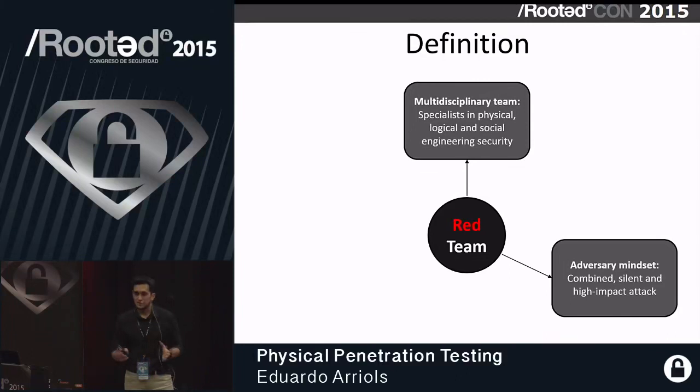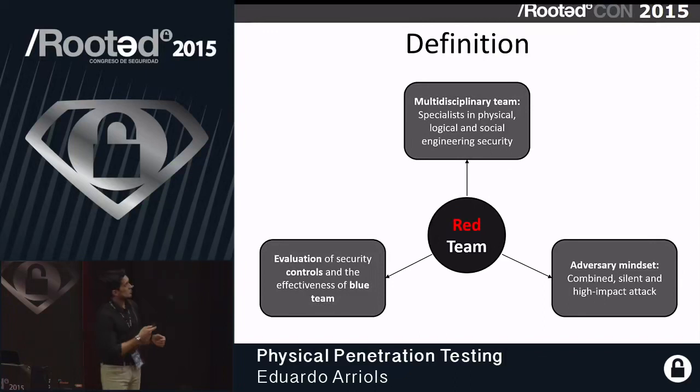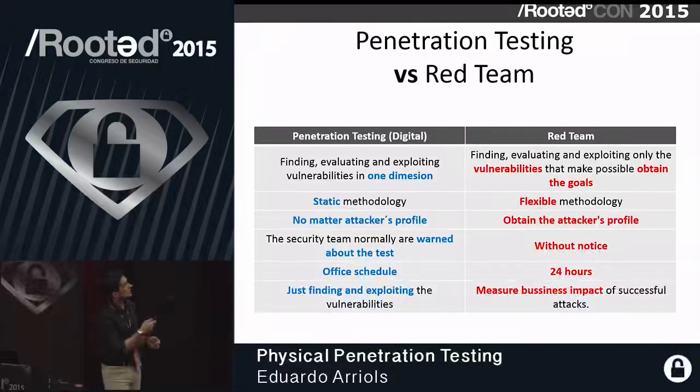And this time we do the same thing, but for any field. It is important to highlight that red team wants to have the real impact that an attack will have. And later on, the end is not only checking security controls in place, but also evaluating the efficiency of the blue team, as Alejandro said yesterday.